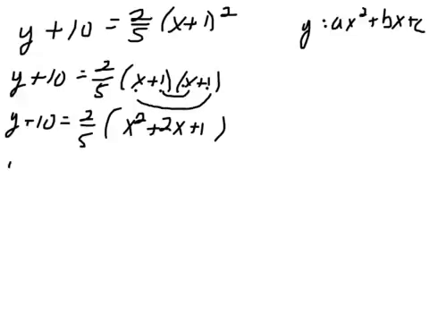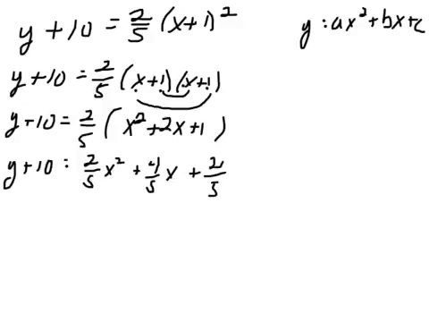Okay, so now let's distribute that 2/5. That's going to be 2/5 x squared plus 2/5 times 2, which is 4/5 x, plus 2/5 times 1, which is 2/5. Now I need to move the 10 to the other side, and I'll subtract it and combine it with that constant term.